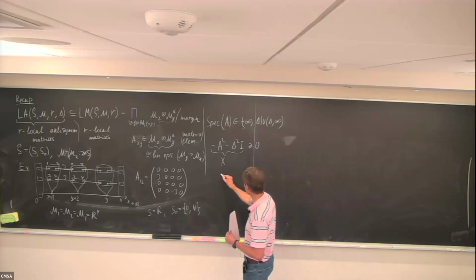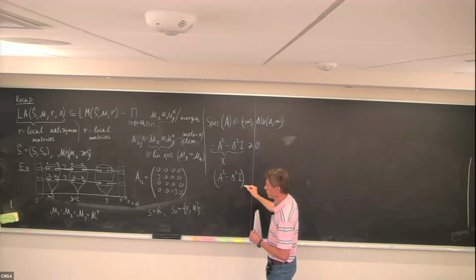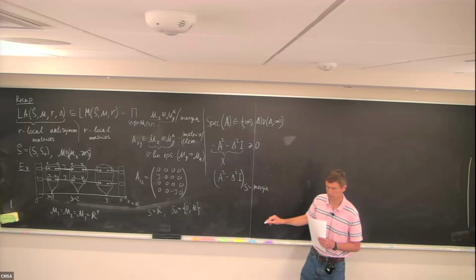Now, we truncate to the region S minus margin, where the margin is a neighborhood of S naught.